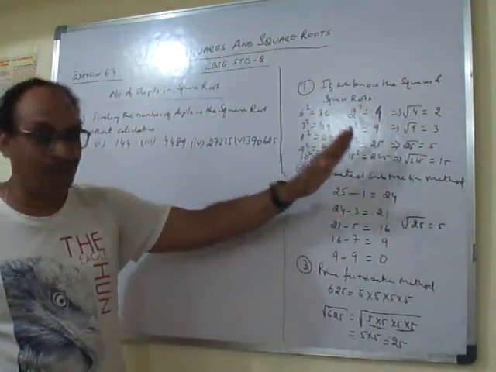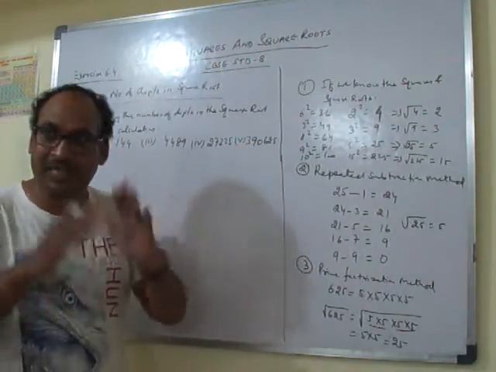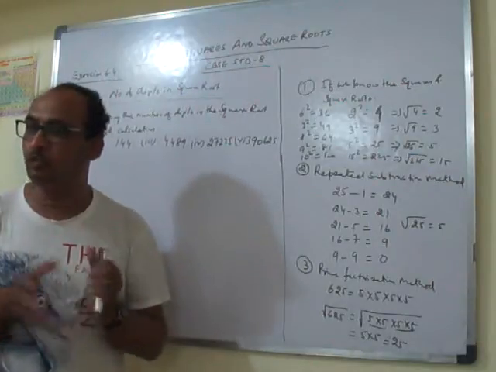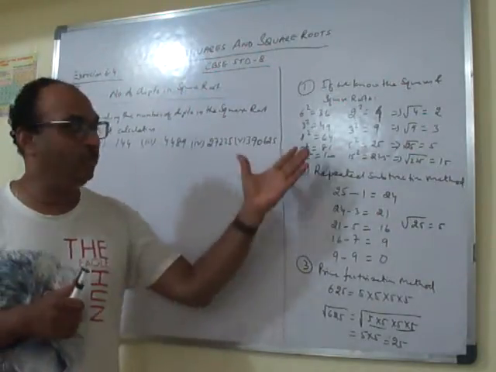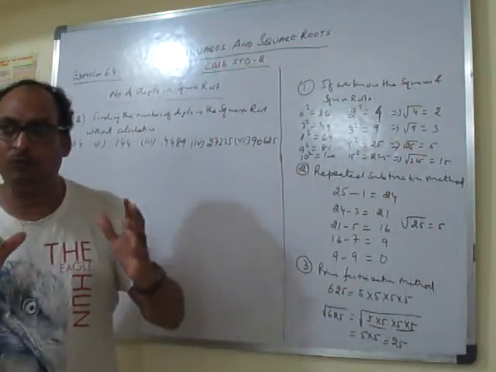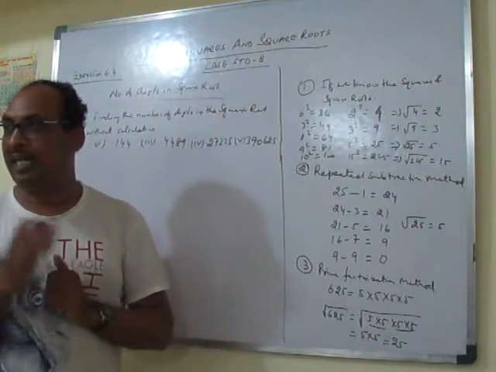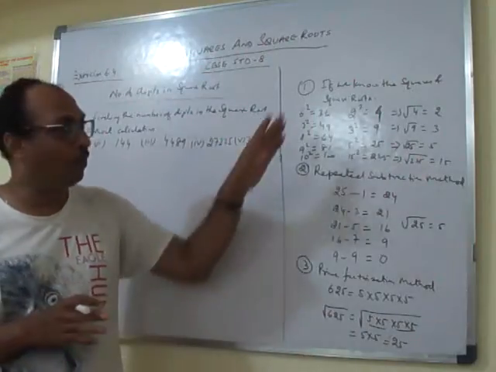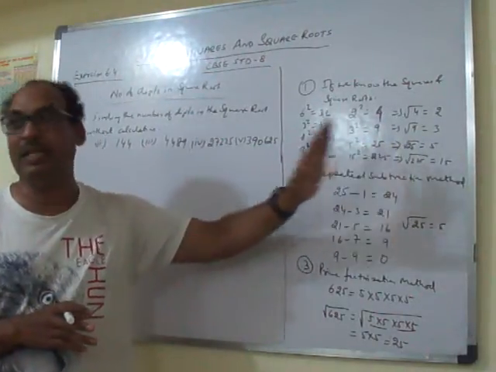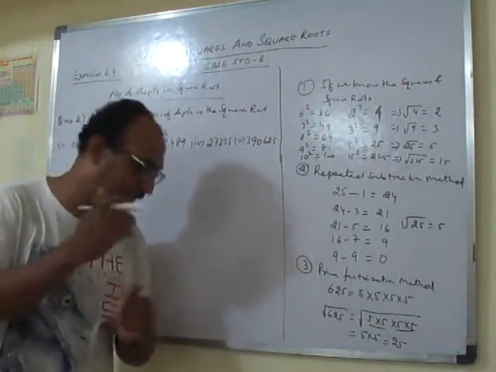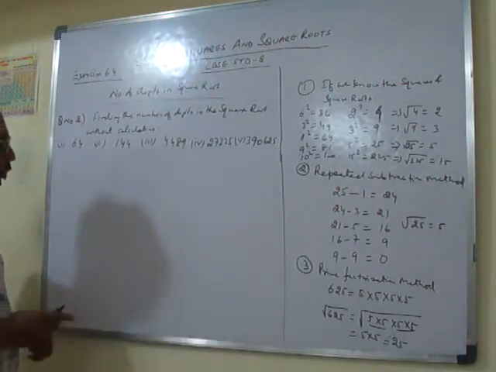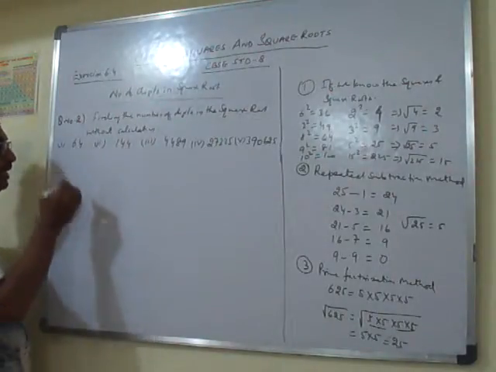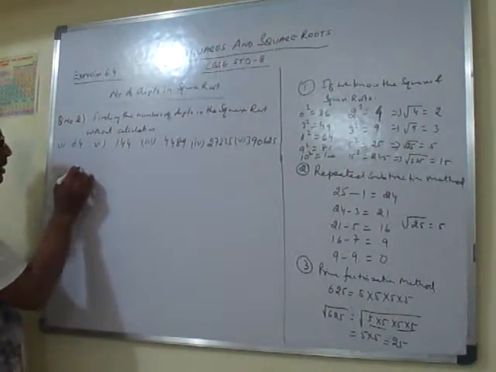In this fashion, by seeing these squares and square roots, we can generalize one formula, and that formula we can utilize everywhere to find the number of digits. By observing this, there are 2 rules.